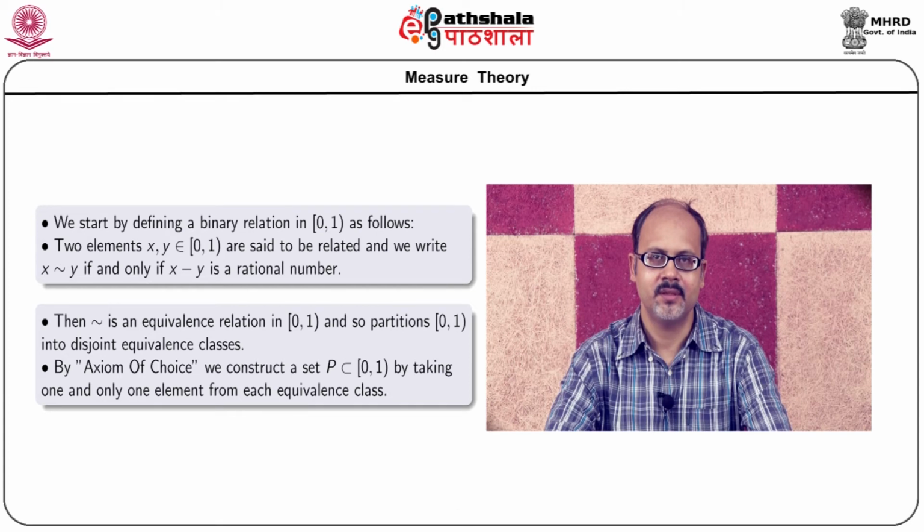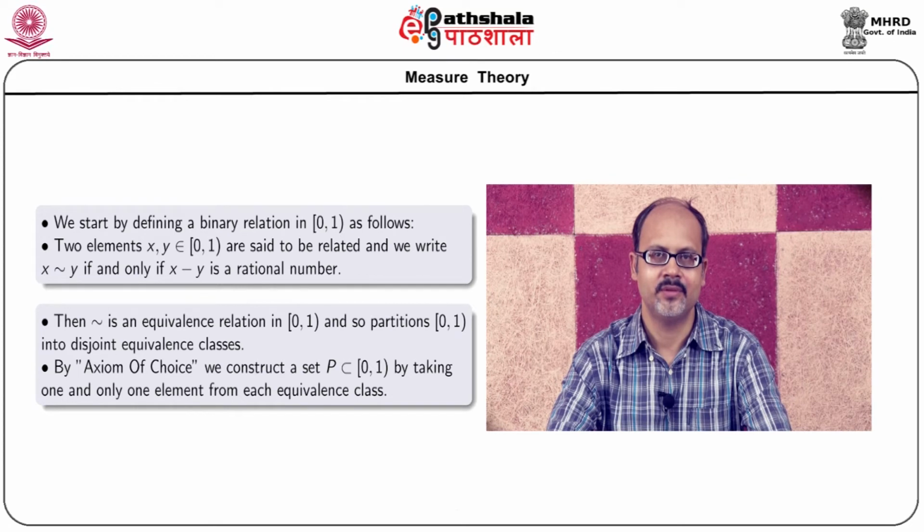Finally, for three elements x, y and z, if x is related to y and y is related to z, this means that x minus y and y minus z are both rational numbers, and subsequently x minus z is also a rational number.